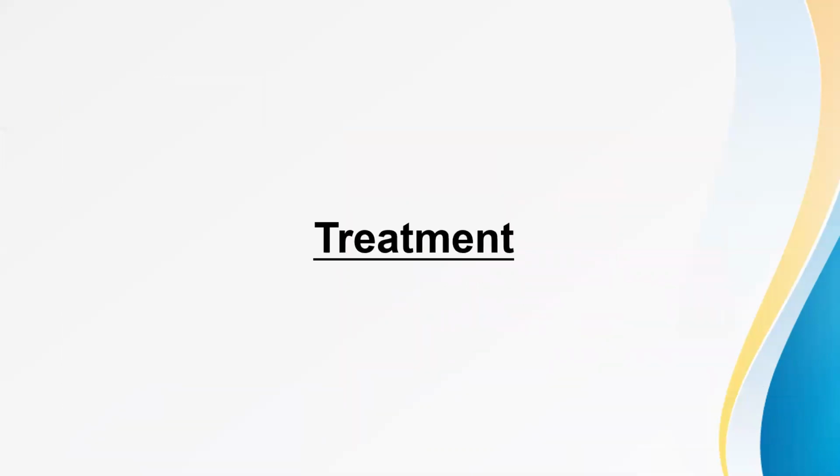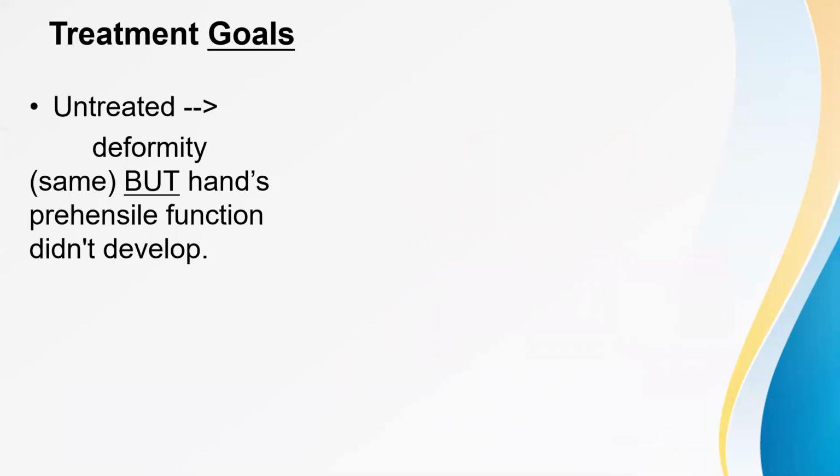Coming now to our choices of treatment. Our goal of treatment should be to address both the function and the cosmesis and the appearance, but the function is much more important than the appearance. We don't want to improve the appearance of the limb and lose its function.